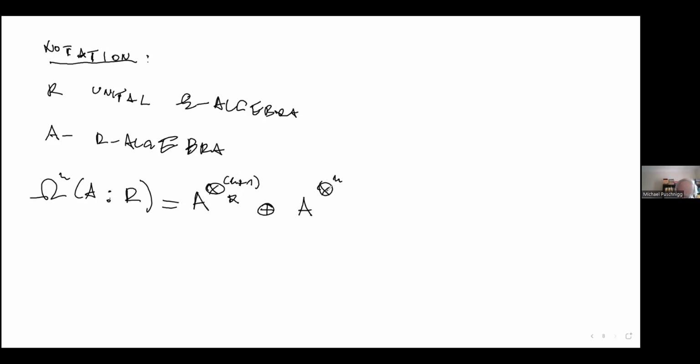This tensor product is usually taken over K, but here we take it over R. It's pretty clear that you can do it.